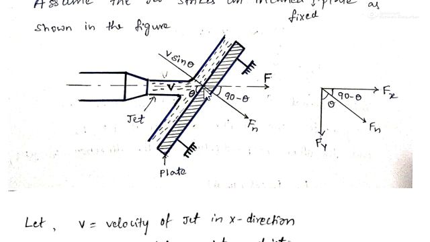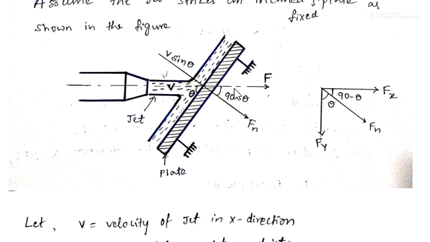Why? Because if you see, this is theta, and if you draw a perpendicular, that will become 90 minus theta. Otherwise, if this is theta, and this angle is 90 degrees, between V sin theta and the surface of the plate, the total is 90 degrees. And the angle between this axis and V sin theta is 90 minus theta, from the diagram we can say.